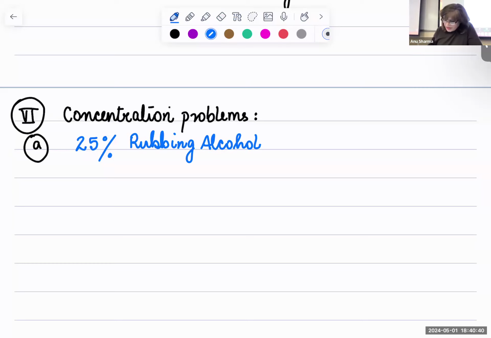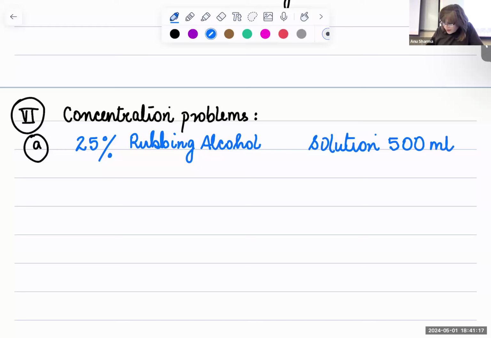And you have a solution that is, let's say, 500 milliliters.